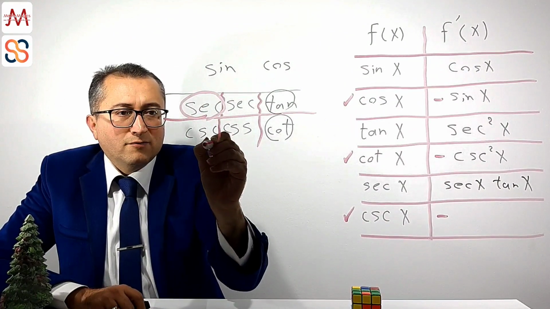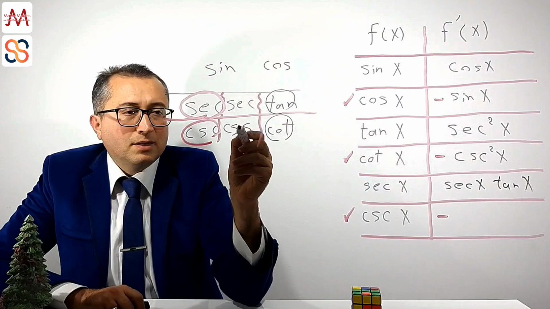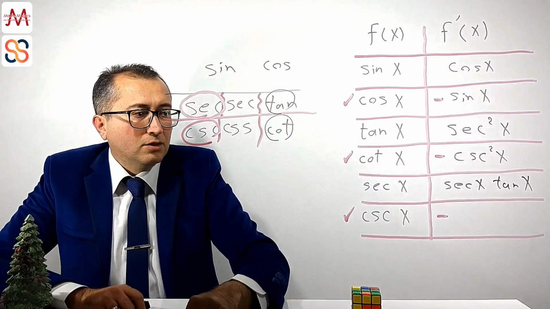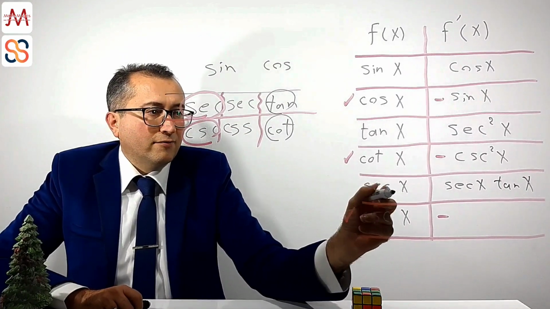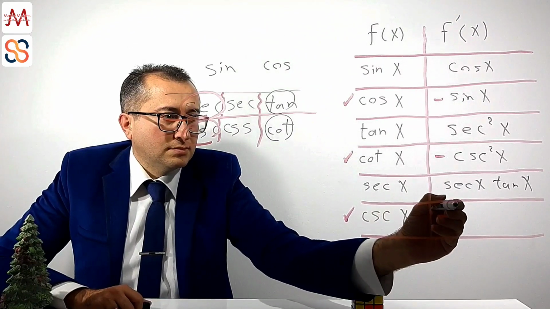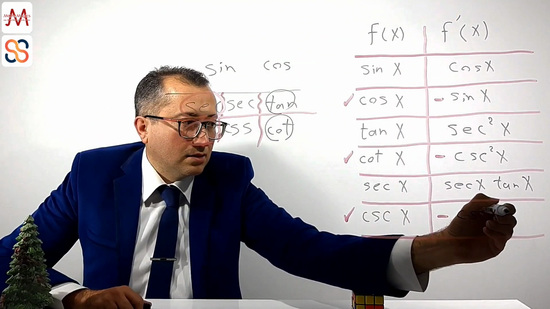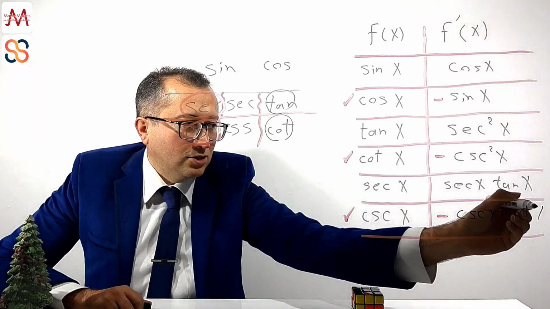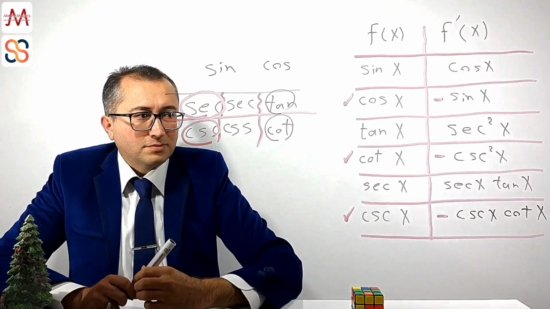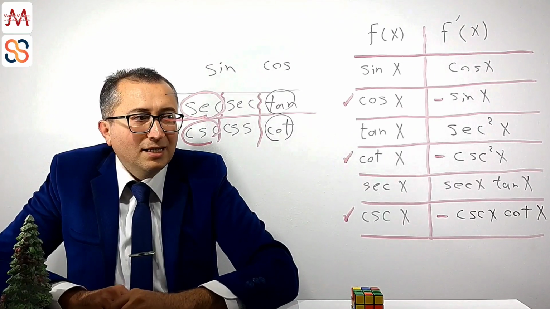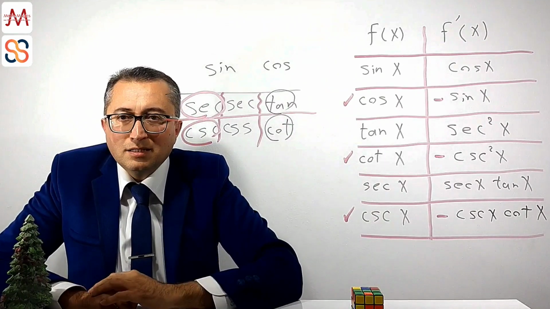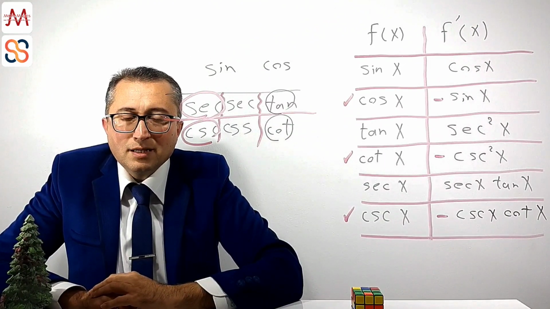Similarly, the derivative of cosecant is the multiplication of these two. So, we have cosecant times cotangent x. Now, we can easily memorize these derivative formulas.